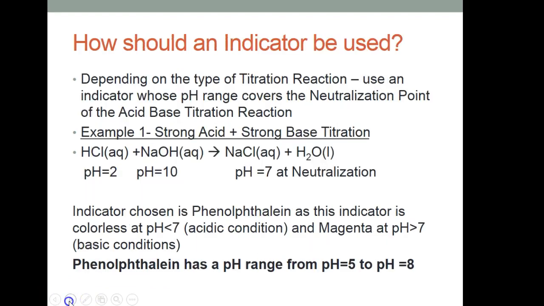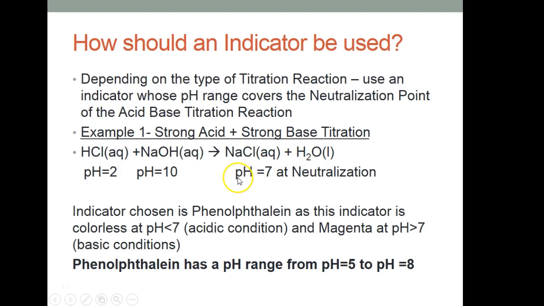So, for example, you have a strong acid like HCl and a strong base like NaOH in a neutralization reaction, and the resultant solution is going to be neutral, pH 7.